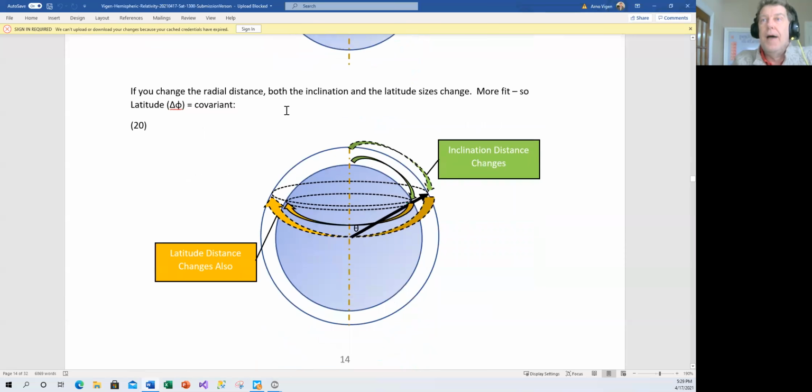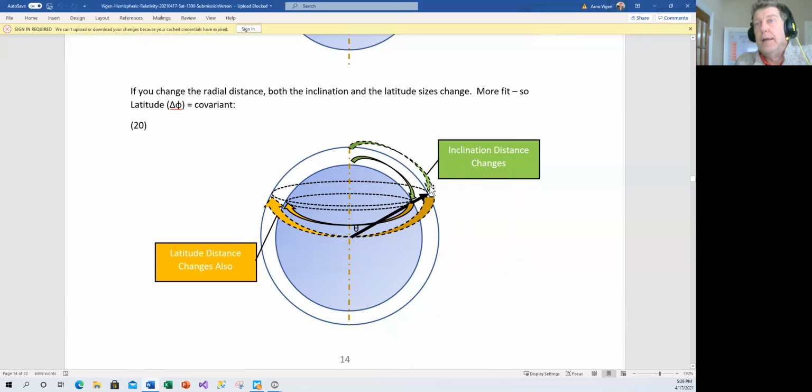But if I change the radial difference, if I go from the original one out to this bigger sphere, the distance from here on the inclination changes. It grows, and the distance around this, all these latitudes changes to a bigger ring.